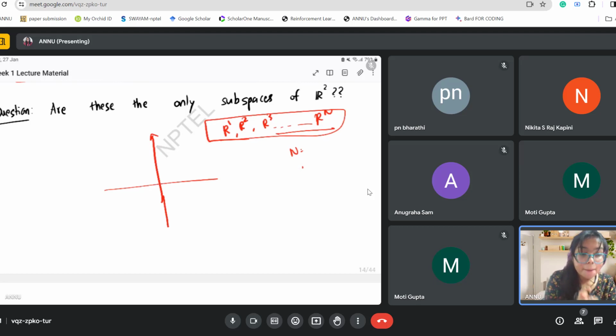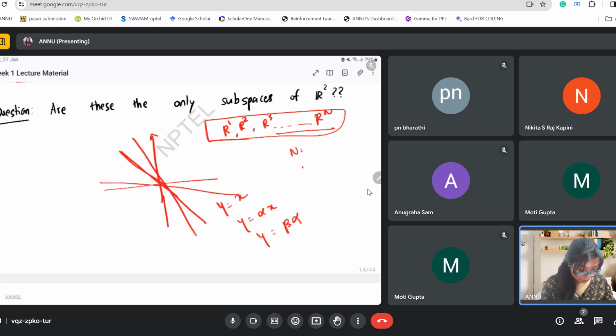But if you take R square and a particular line, y equals alpha x, y equals beta x, it can be like this, like this, like this.